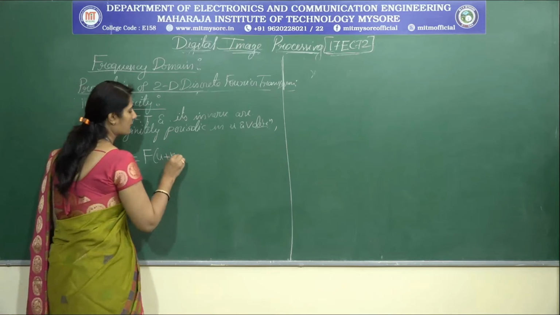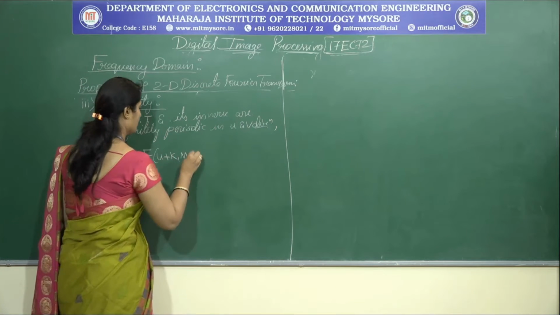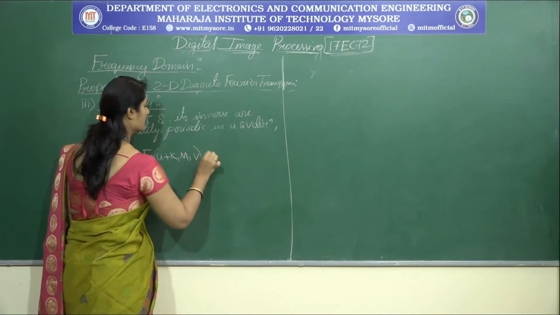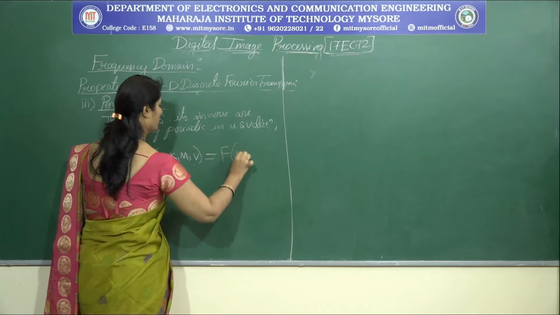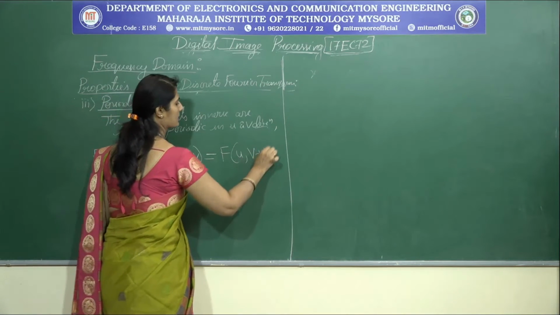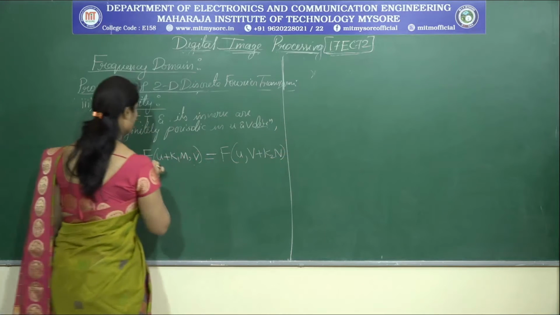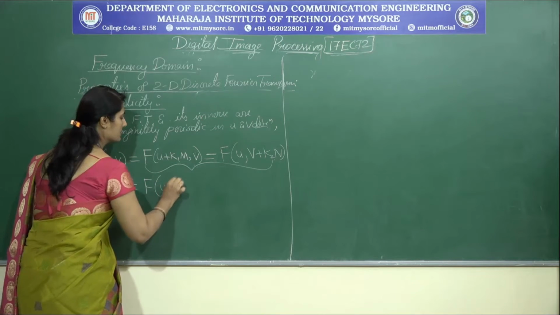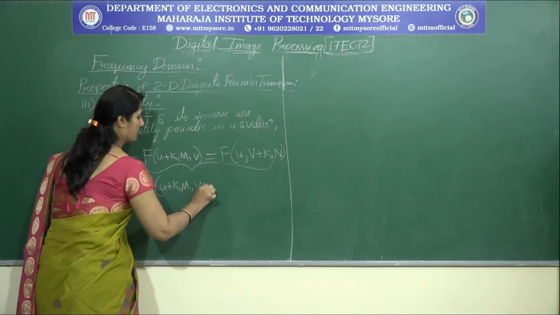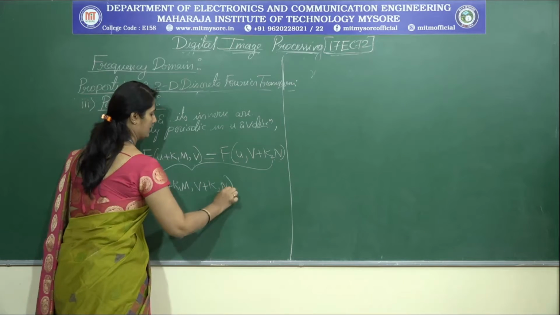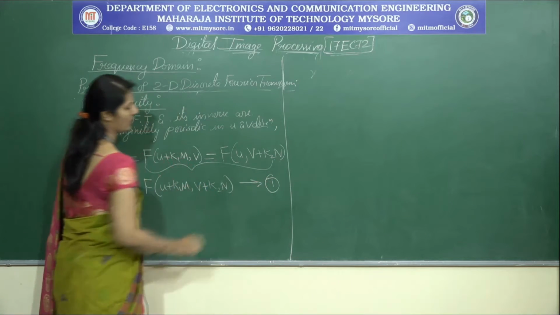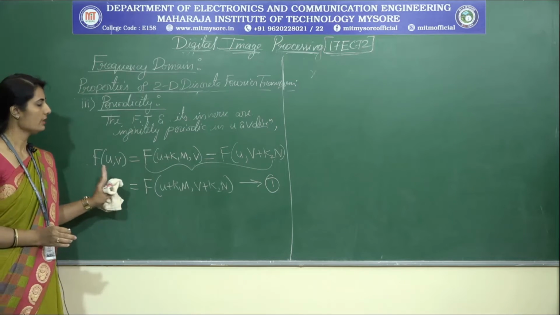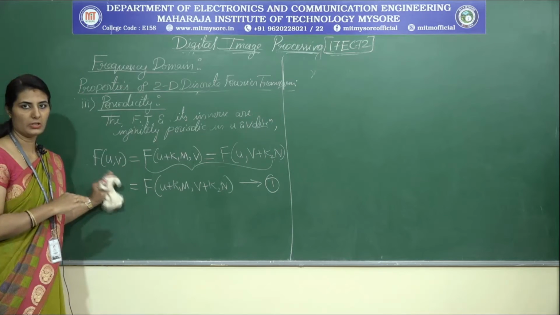This can be represented as F of u plus k1 M, v plus k2 N. This I call equation number 1. So this is the property of periodicity.